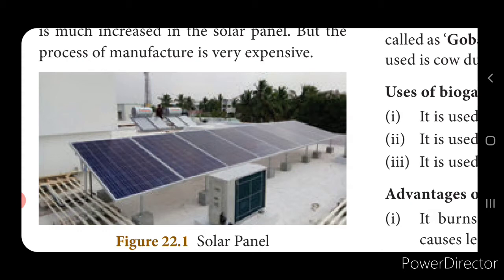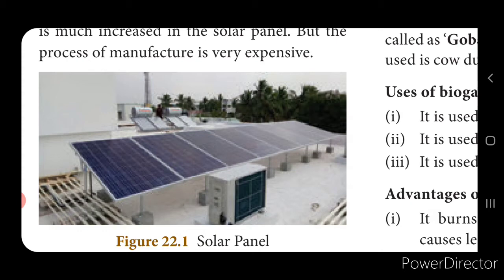The sun gives an enormous amount of heat and light energy, but only less than 47% reaches the Earth's surface. So if we could use a small part of this energy to fulfill the energy crisis or the country's need, then it would be of great advantage, isn't it? The solar energy also has many advantages, right?